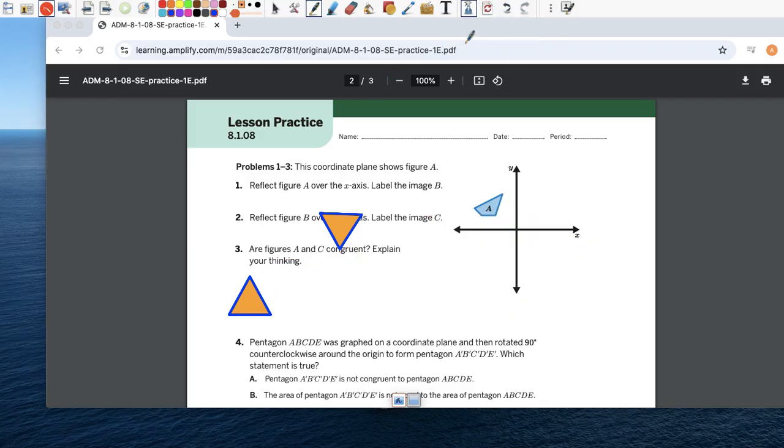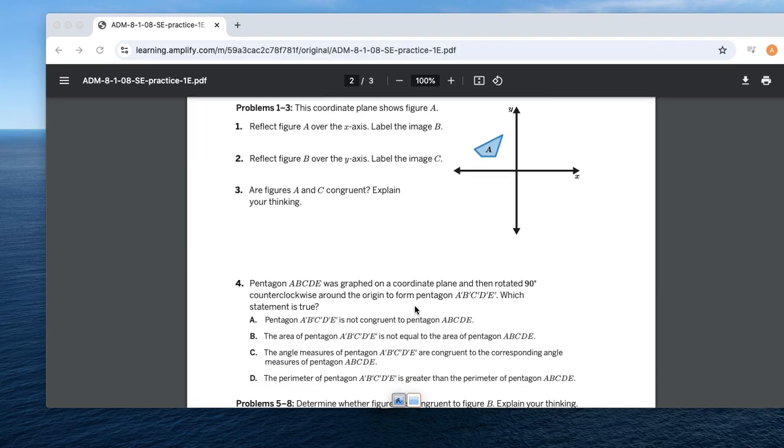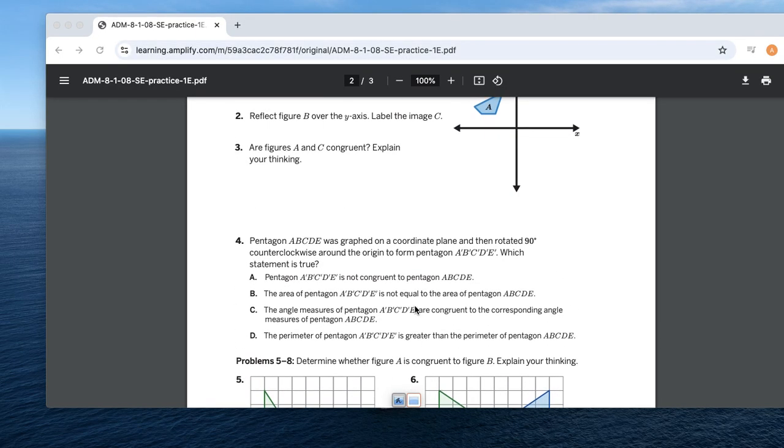Yes, they are, because we used rigid transformations: translation, rotation, and reflection. As long as you only use those three, the original image, the pre-image, and every image after that will be the same.